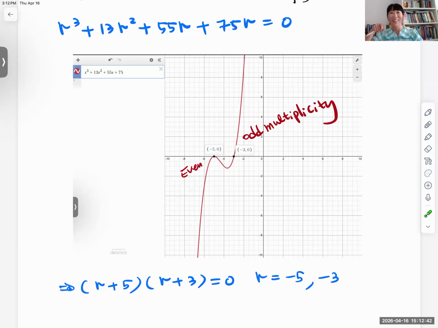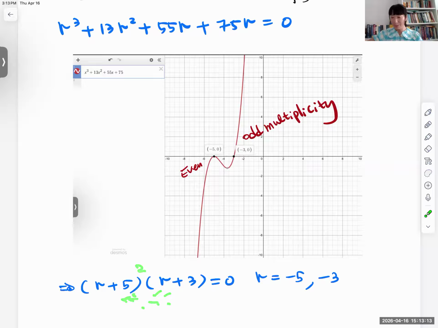Okay, ET. So even number of multiplicity, the graph touches the x-axis. Then odd number of multiplicity, the graph crosses the x-axis. Okay, so even number, we have a second power in that case, so that we can make 3 zeros.